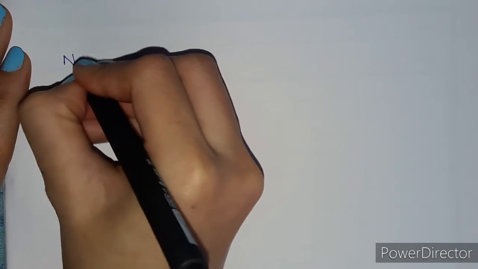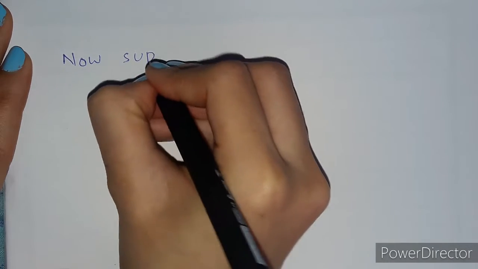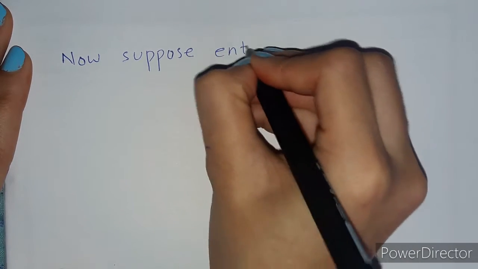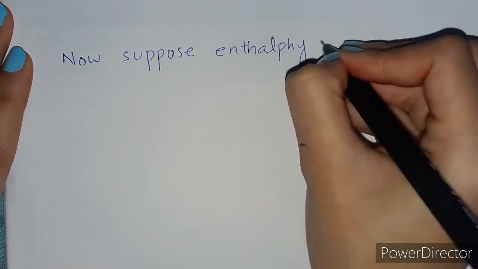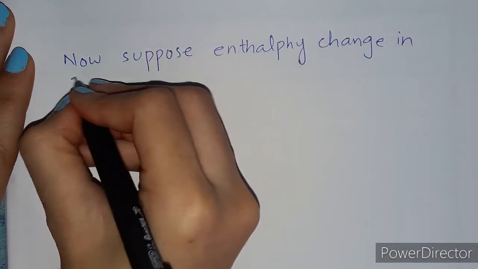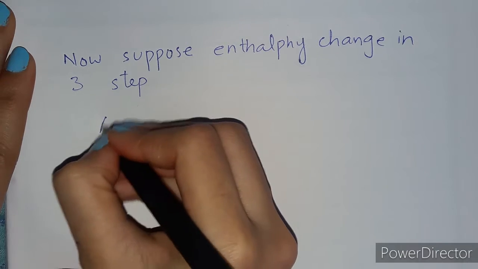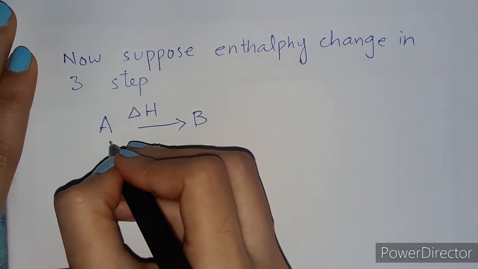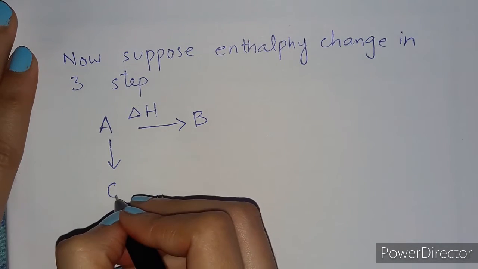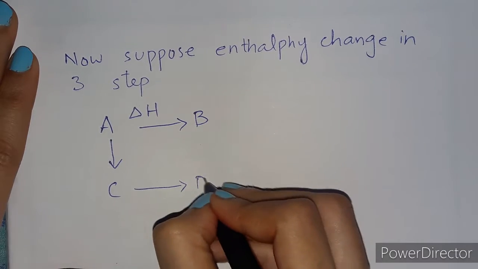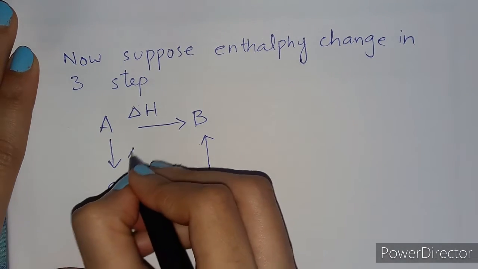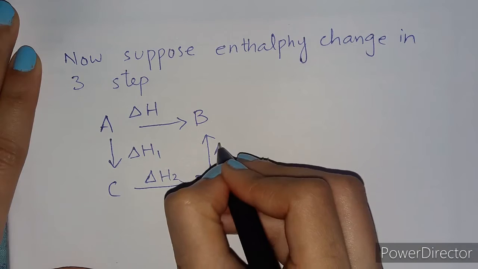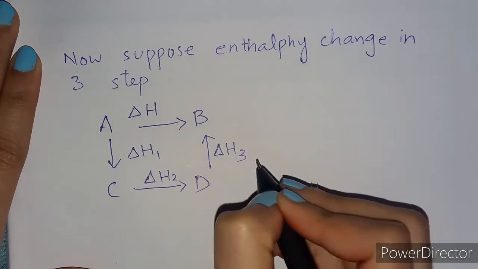Now if we suppose the enthalpy change in 3 steps. It means A to B is a single step in which del H is included. Then A converts to C, C converts to D and D converts to B. Here enthalpy change H1 is included, enthalpy change H2 is included, enthalpy change H3 is included.